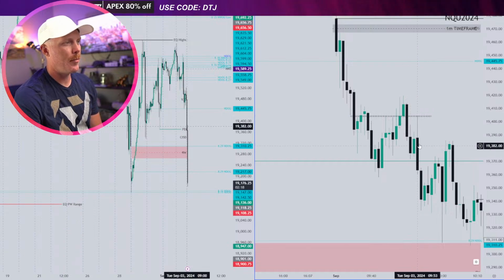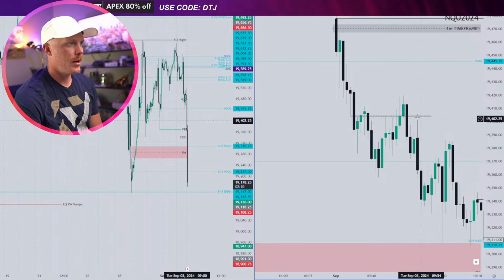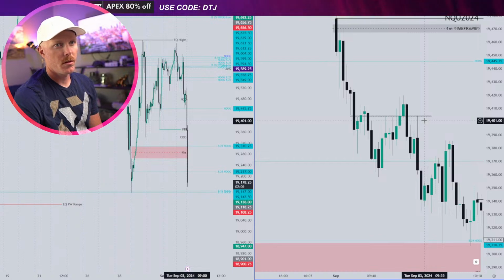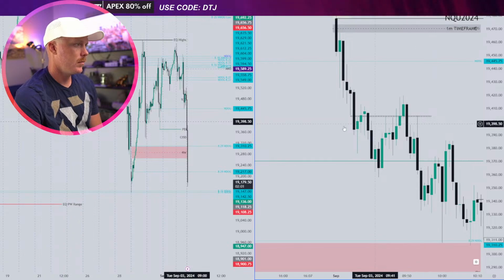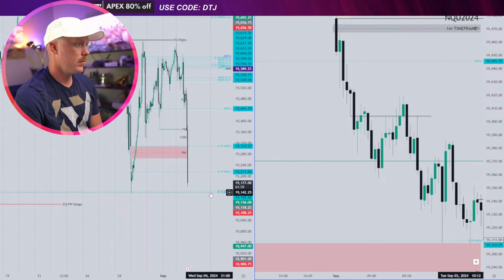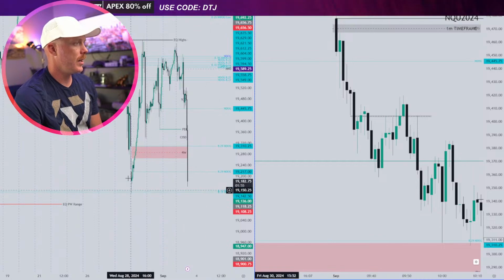I would have had to have a bearish bias to be able to take this, because this would have been the trade right here. What time is it? 9:53? Yeah. At 9:53, that would have been the entry. That would be the key level right there, or a sweep or equal lows or something close to it.